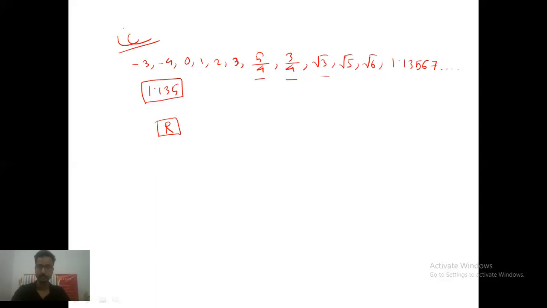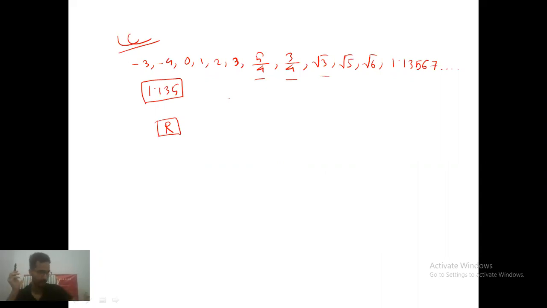Now we are going to plot the irrational number on the number line. Okay, so in the exam you are asked to plot an irrational number on the number line.